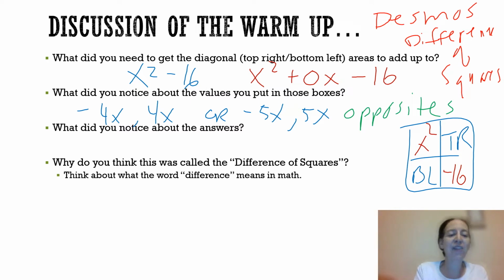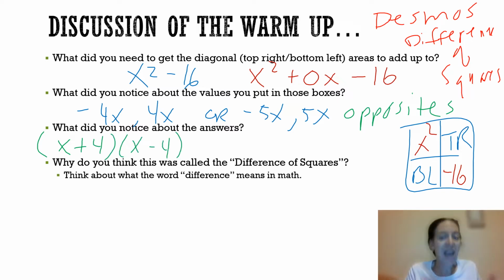The answers probably looked something like this: two things in parentheses, the same things, except one had a plus sign and one had a negative sign. That came from the fact that when you filled in the top right and the lower left, you were putting in opposites, and you would see that opposite start to show up in the answer.